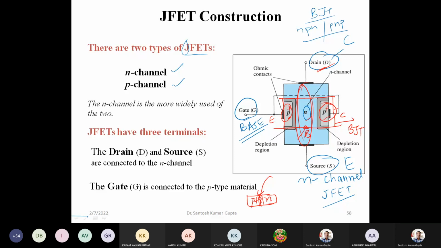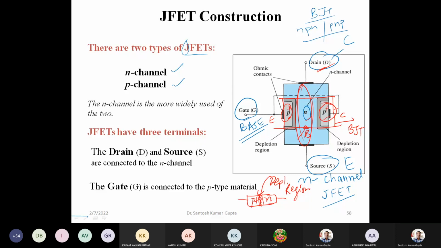So say this is the depletion region. It is similar to that of the PN junction. The heavily doped region will have little penetration of the depletion region into it, and the lightly doped region will have a larger part of the depletion region into it.